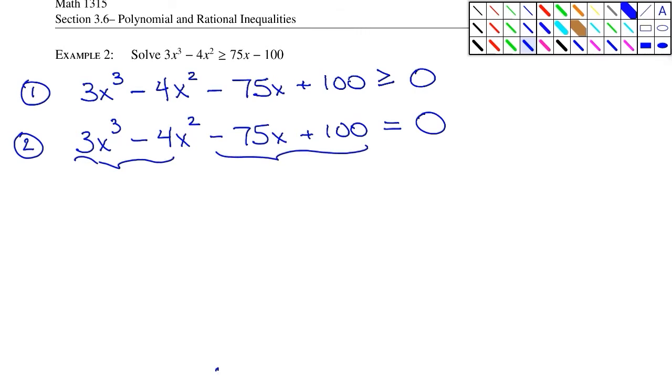From the first terms, I can factor out x squared, and that leaves me with 3x minus 4. And from the second terms, I can factor out a negative 25. That leaves me with 3x minus 4.